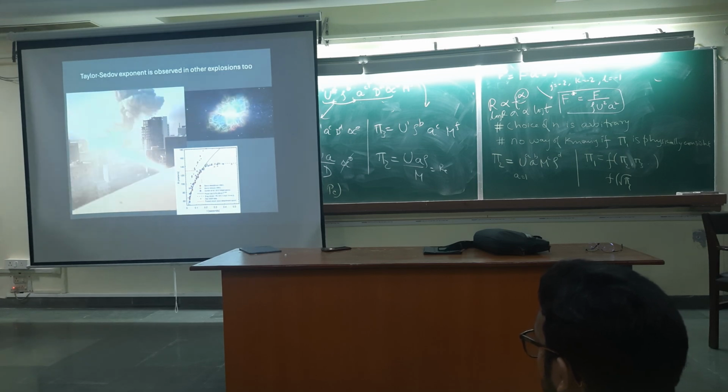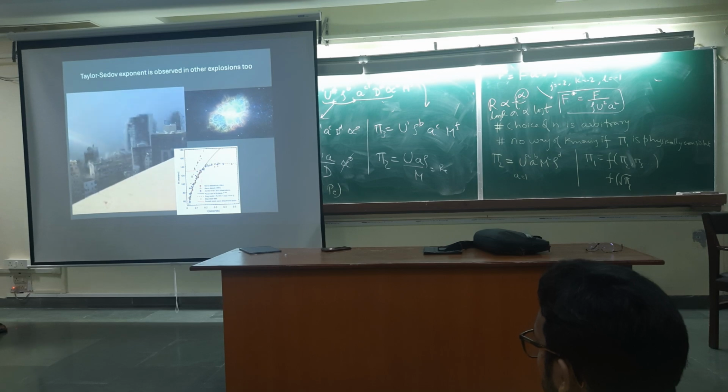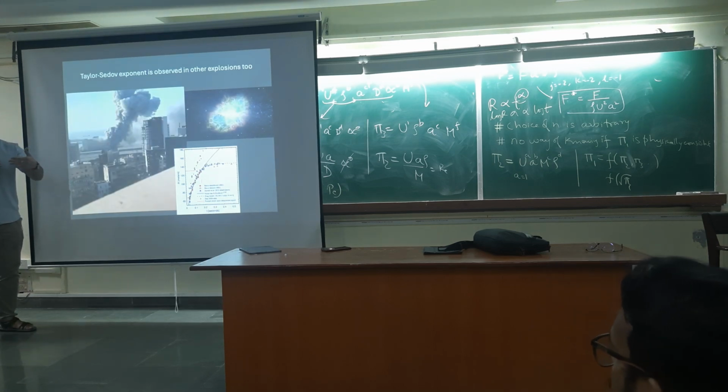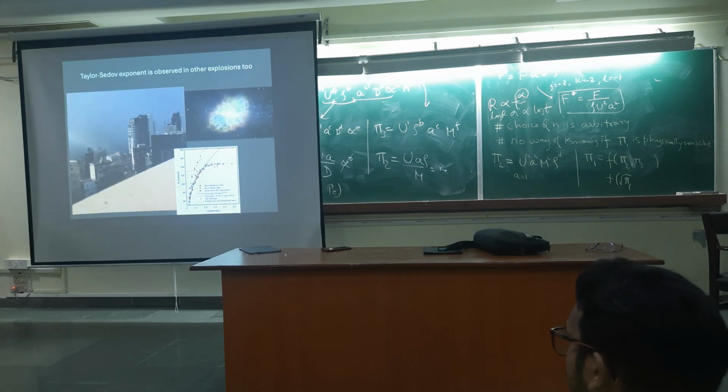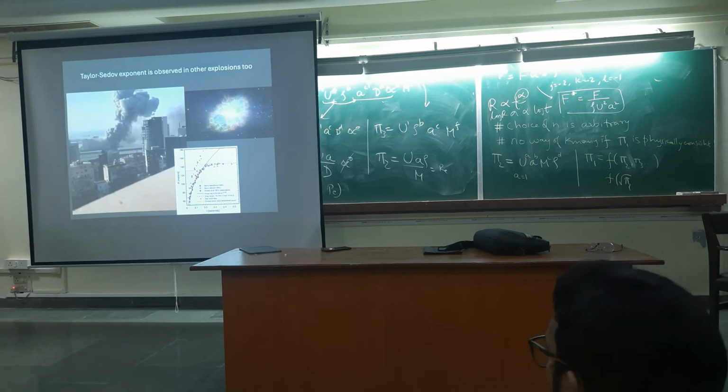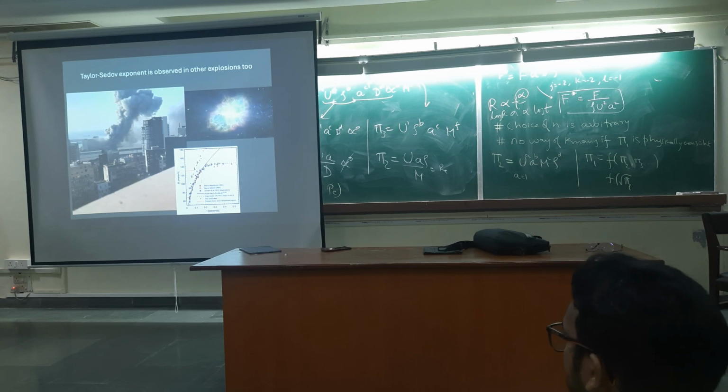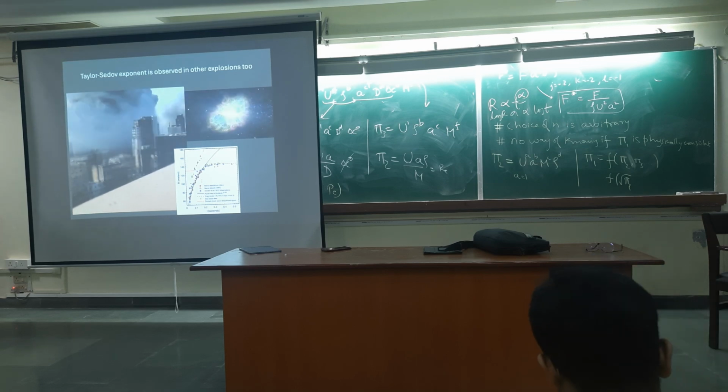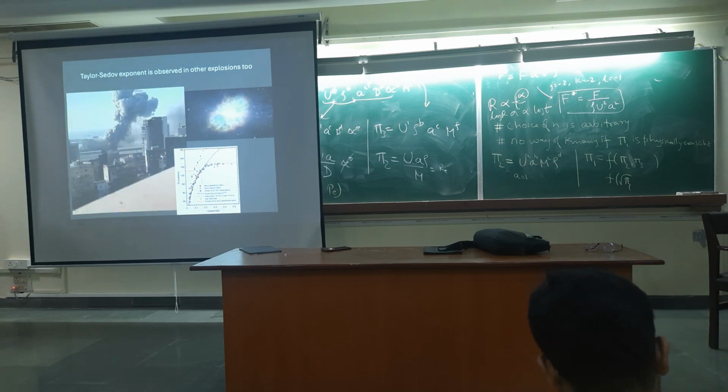Not just this, even supernova explosions: once the initial blast has gone, they enter a Taylor regime. What I'm trying to say is that if you are an expert in transport phenomena, you can solve problems outside your curriculum, and they could have far-reaching consequences, right?